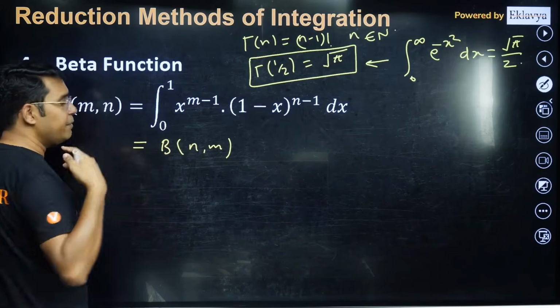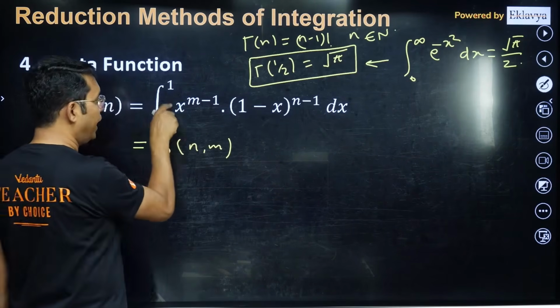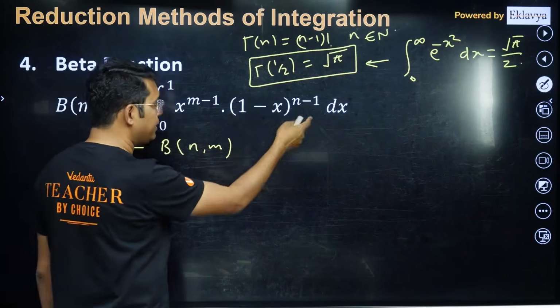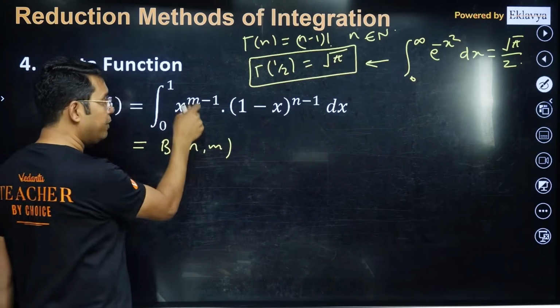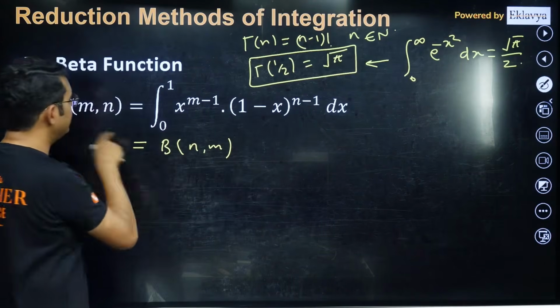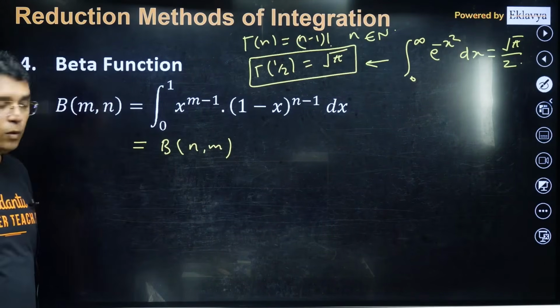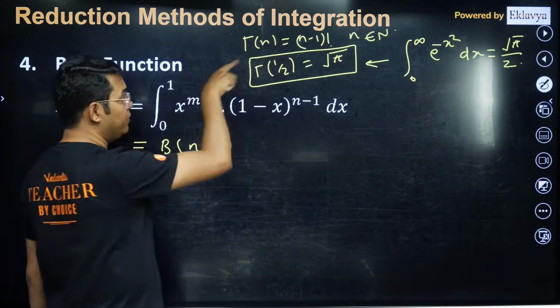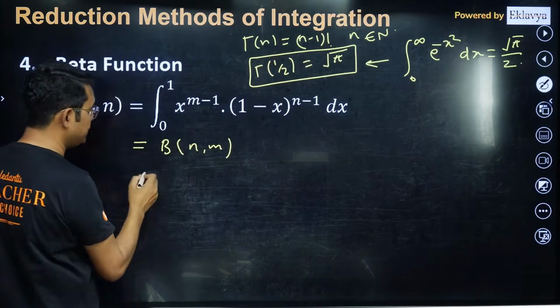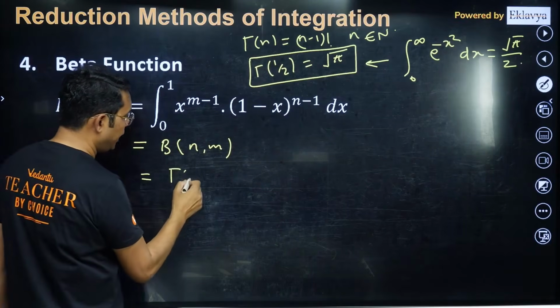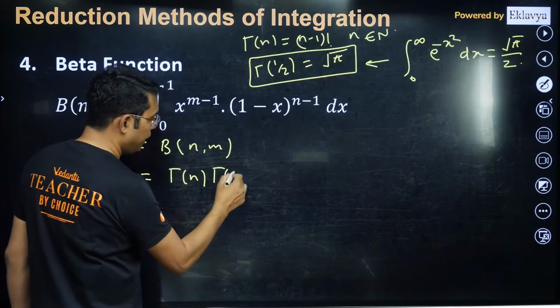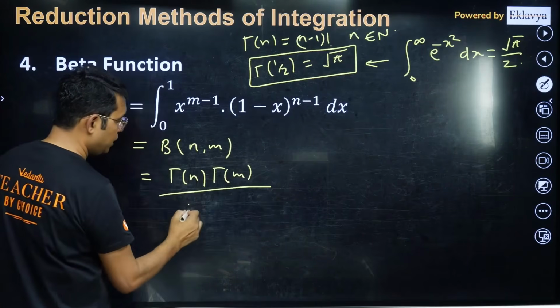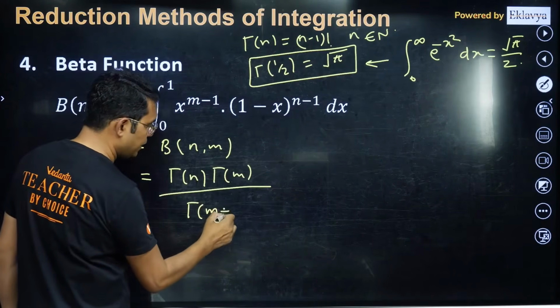Now it doesn't matter whether m is there on x or m is there on 1 minus x. One of them should be m, one of them should be n. Then we call this beta m comma n. Now there is a result of beta m comma n with gamma function, and this is actually equal to gamma n gamma m upon gamma m plus n.